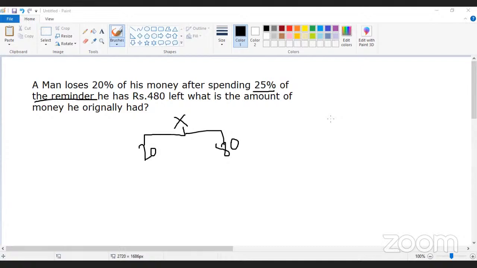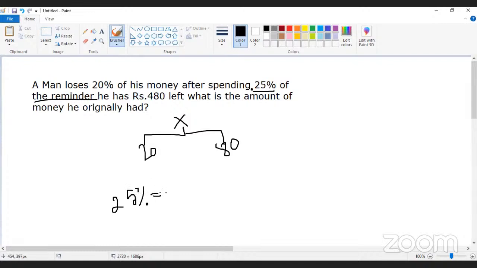Okay, that's fine. So 25% of the remainder he has is 480.